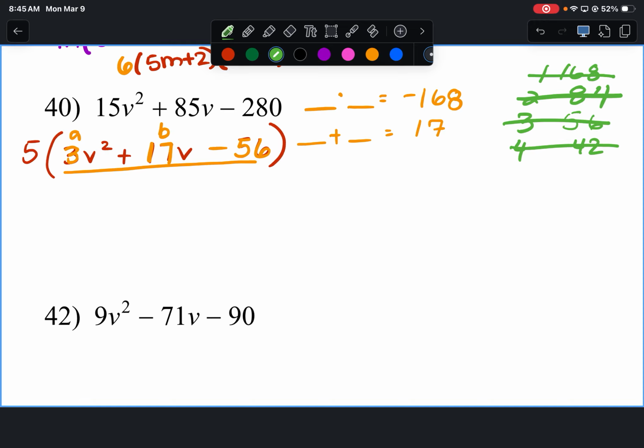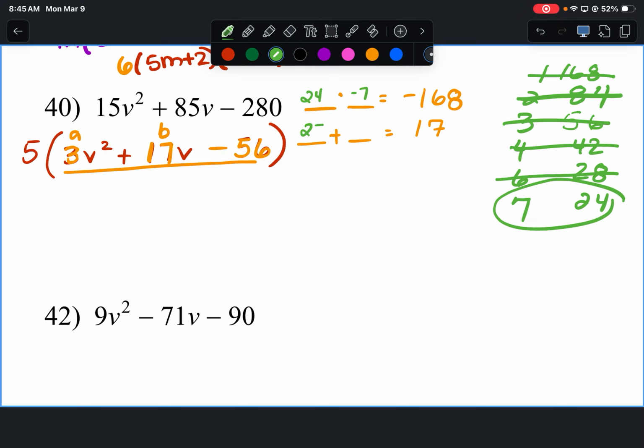Does 168 divide by 5? No. 168 divided by 6 is 6 and 28. Is that right? We are getting closer. 168 divided by 7. Oh, that's 24. That's it. What combination do we need to use of those? 24 and minus 7.